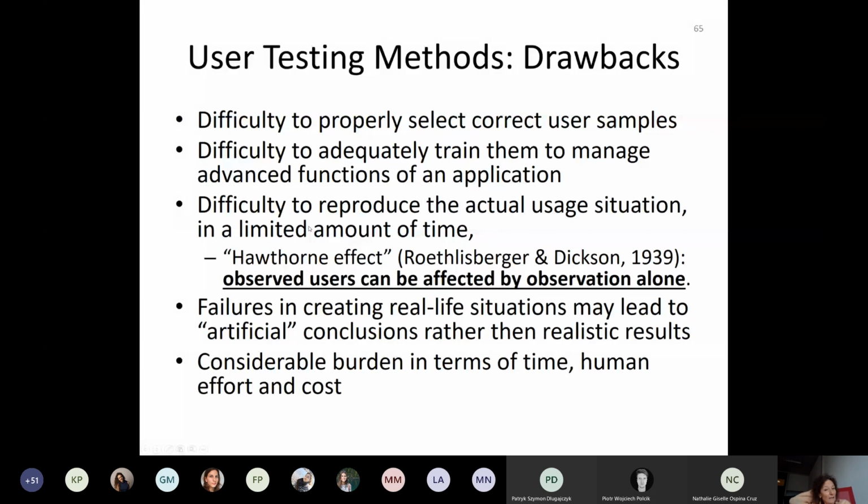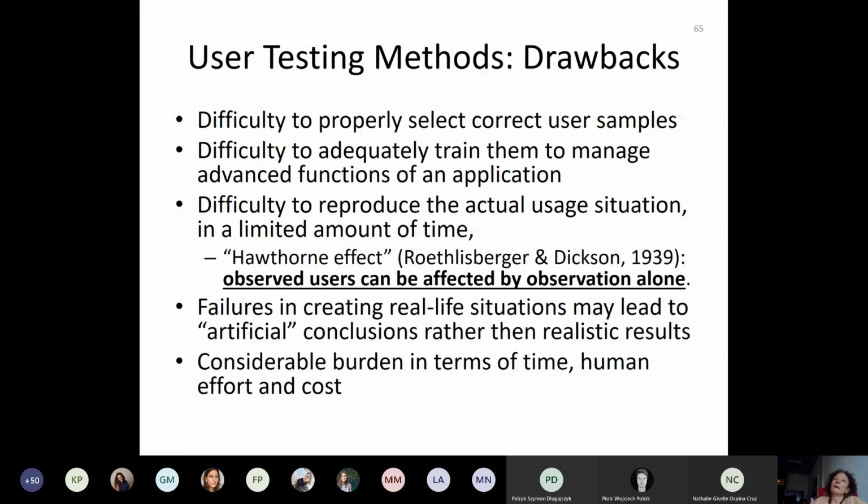The other aspect is the so-called Hawthorne effect. Users are not fully natural when they are observed. That is typical. I'm not even natural now that you are observing me, of course. So anyone who is observed, with a person in front of them observing them, or also remotely, is not 100% natural. That is a bias, unavoidable.